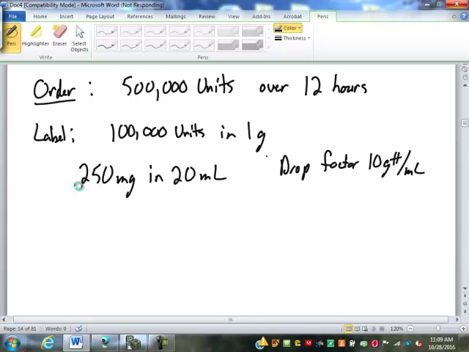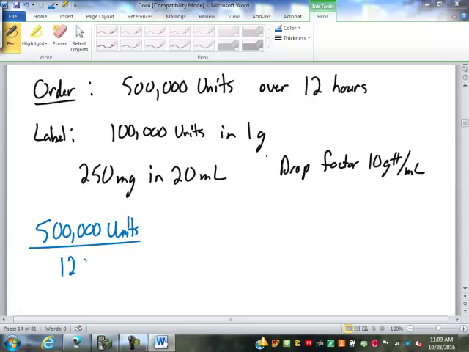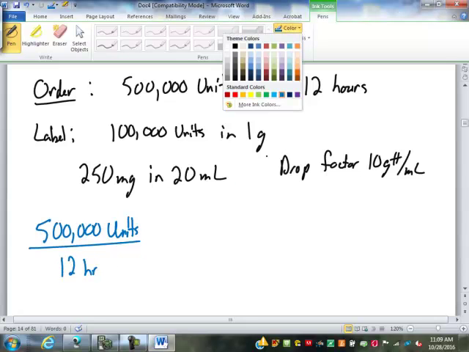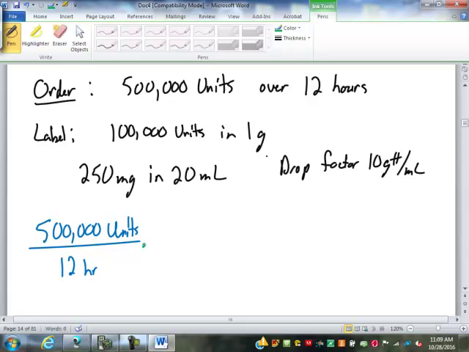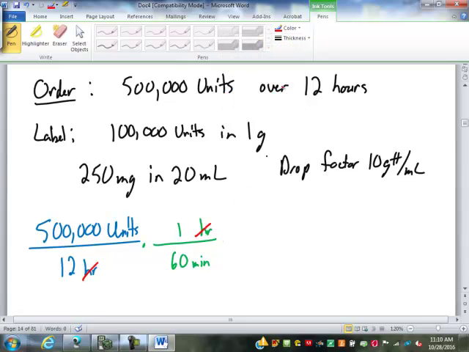So we're going to start out with our order here of 500,000 units over 12 hours. I'm going to get rid of my hours first again, 1 hour being 60 minutes. And now I do have to get rid of units.